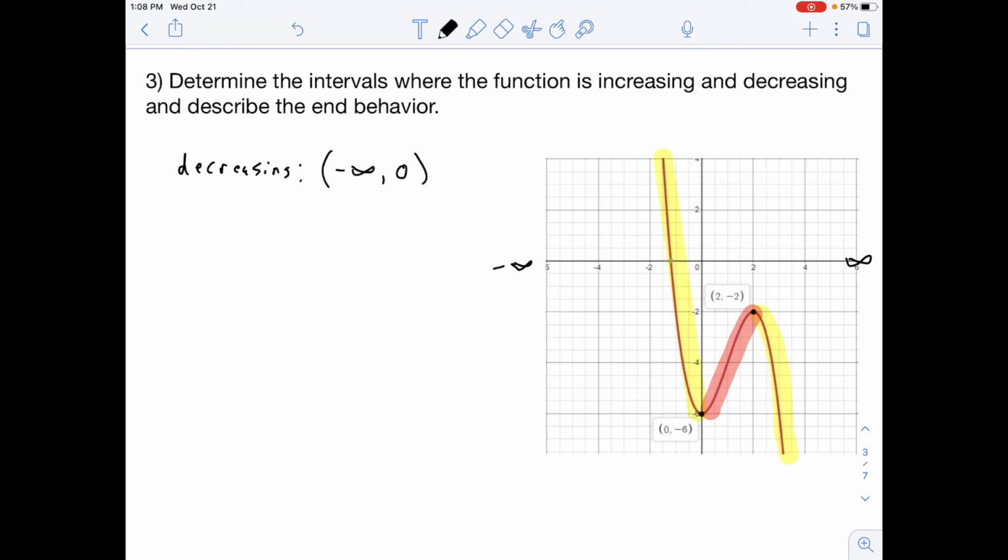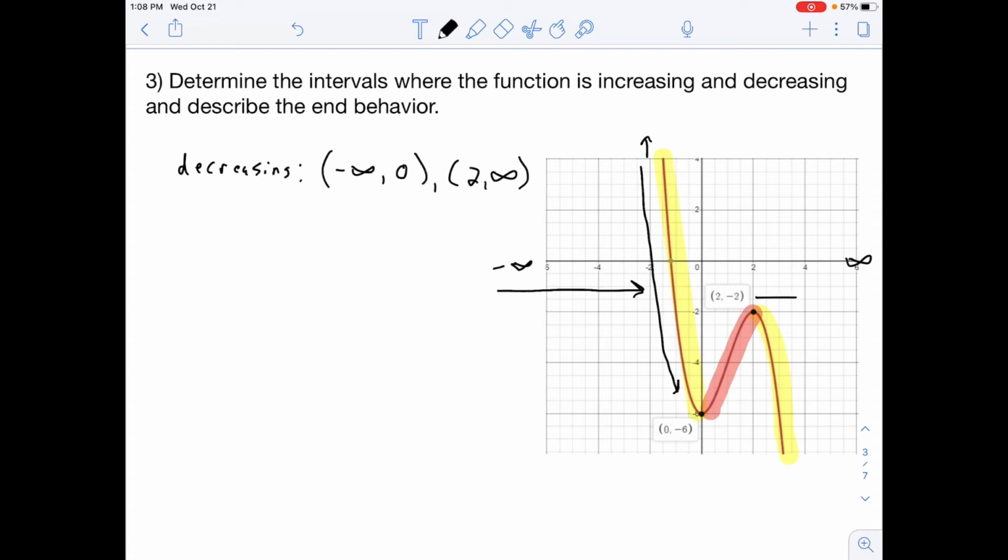Remember, don't get confused. I know that all the way up here is infinity, but that's not how we're describing the intervals. We are going down as we go in from negative infinity all the way to the right. Remember, we start at the far left point and going in. We're using the x values. And it's decreasing from 2 to positive infinity.